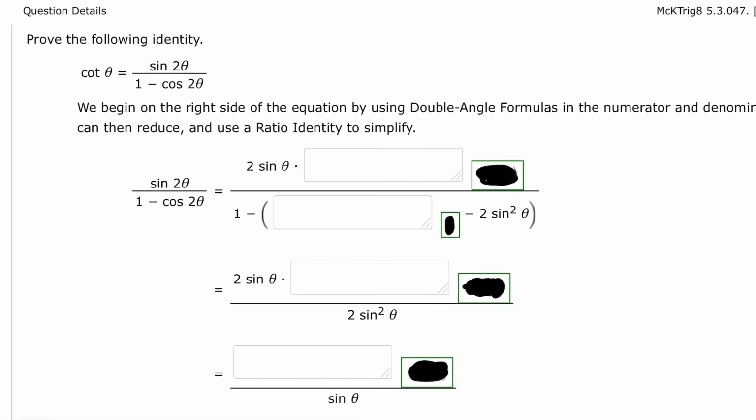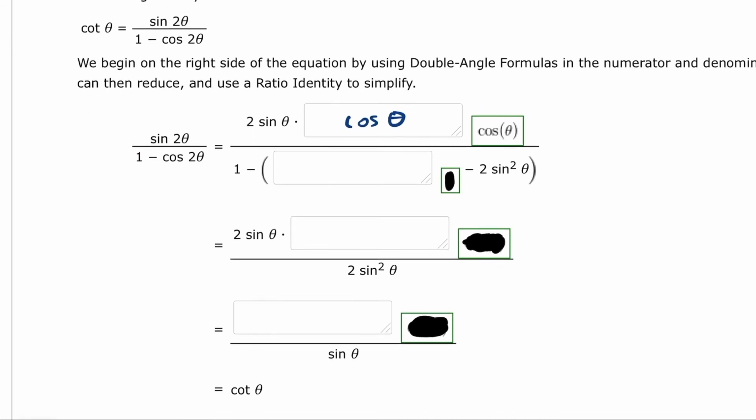All right, for this one, it looks like they're working on the left or the right side. And they're using the formula for the double angle, so it's 2 sine cosine. All right, and then for the bottom, they're also using the double angle formula for cosine. Remember, there's 3 versions of it.